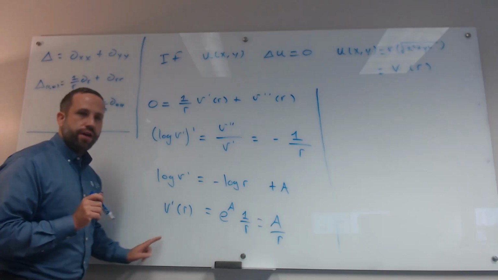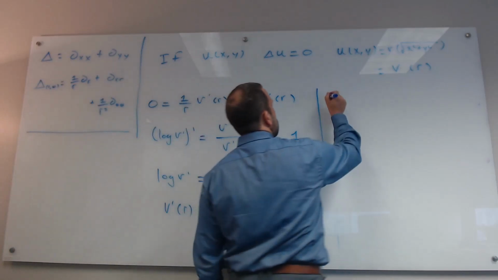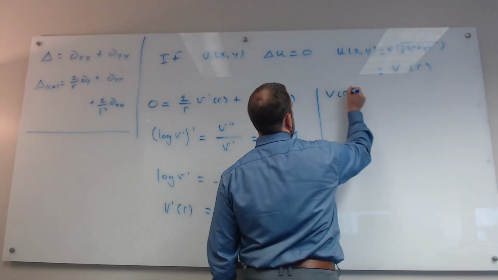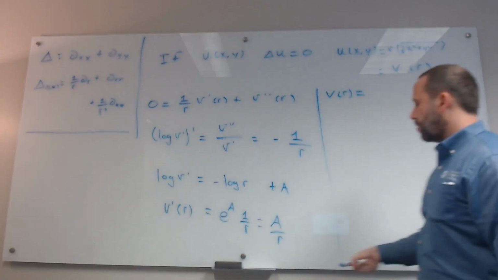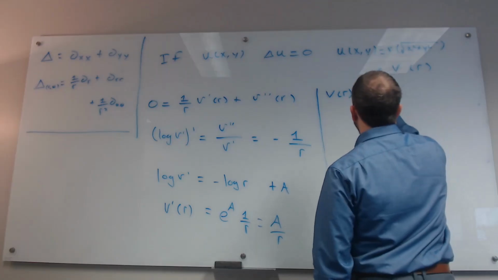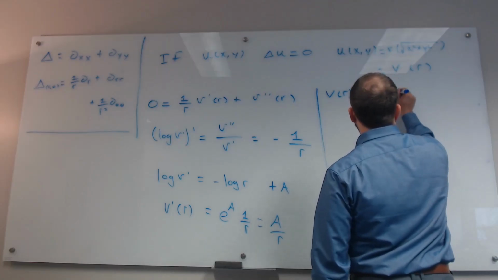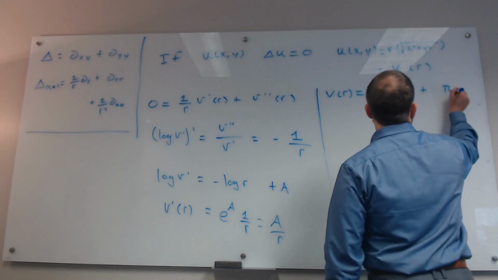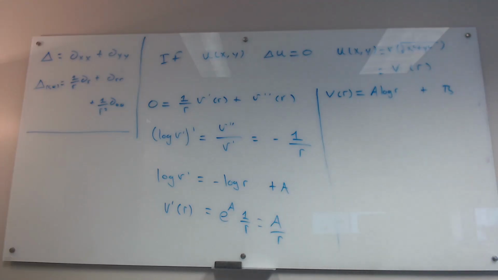So now I want v of r. So v of r is going to be the antiderivative over here. So this is going to be a log r plus another arbitrary constant b.